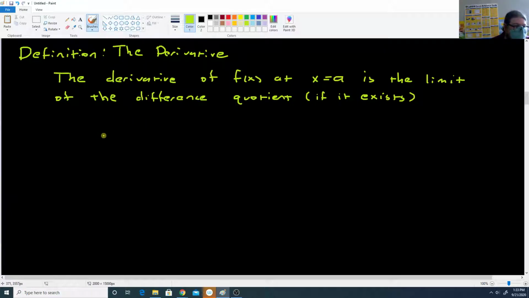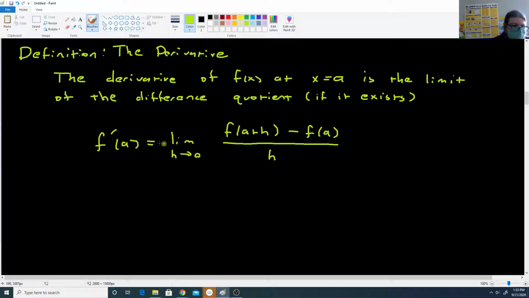So we're going to write down the first definition that we're going to use to calculate derivatives. This will be f prime of a equals the limit as h approaches 0 of f of a plus h minus f of a, all that over h.